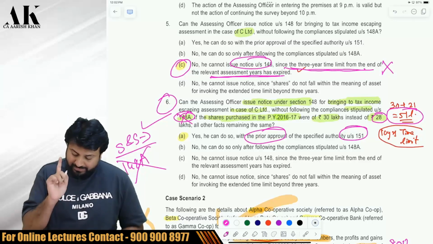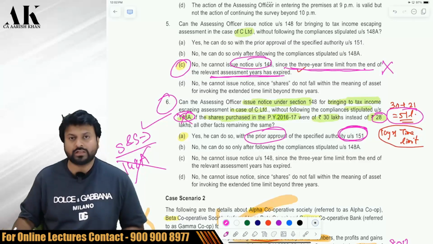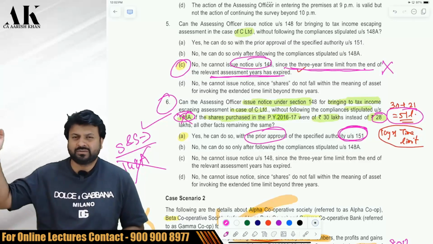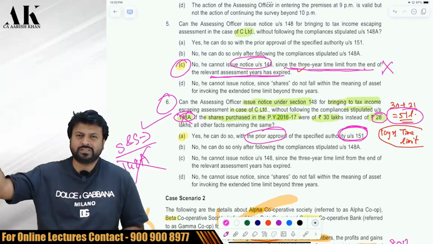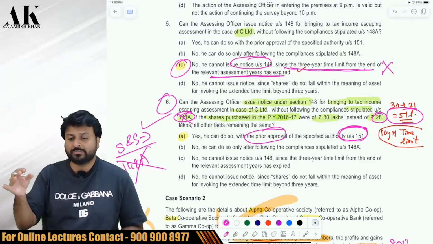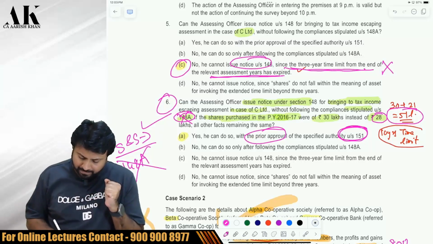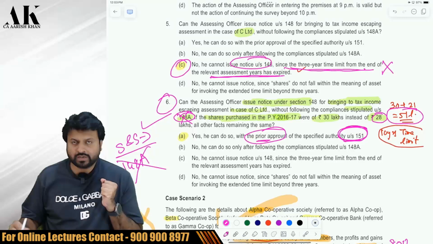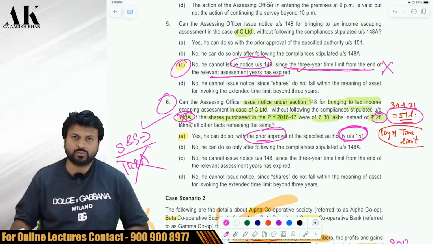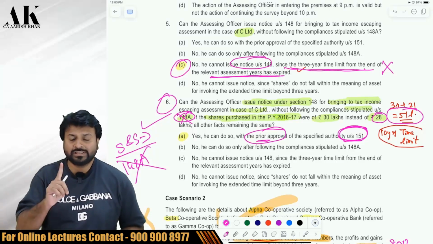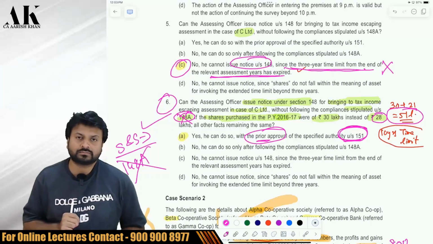Only one specific approval has to be taken from the approved authority under 151. That is Chief Commissioner, Director General, Principal Chief Commissioner. There are certain authorities from whom you are supposed to take an approval. So, in this case, you take an approval from the authority mentioned under 151 and you can issue notice beyond 3 years. Why? Because the escaped income is 50 lakhs or more.